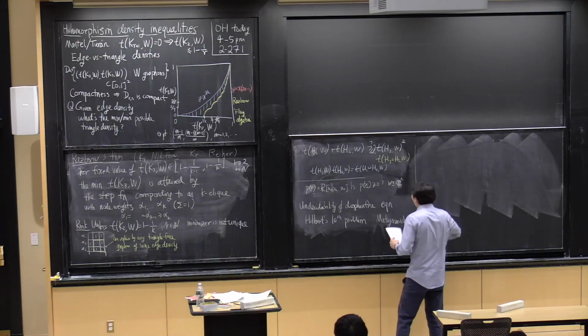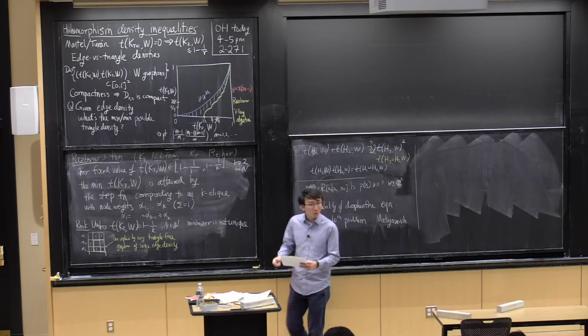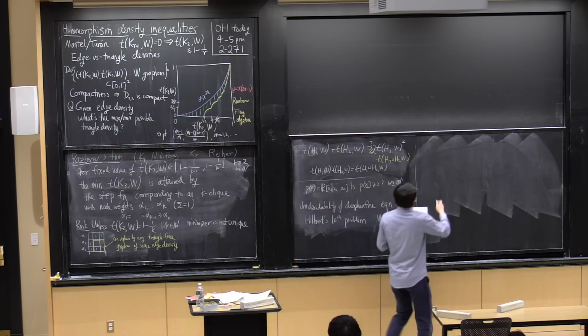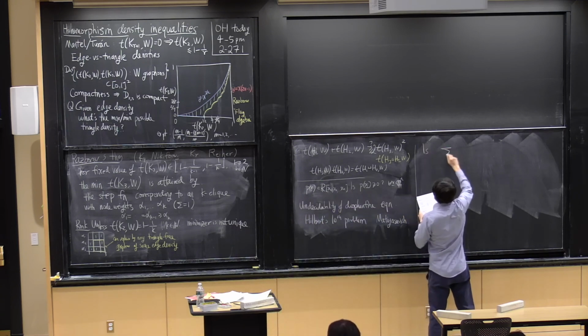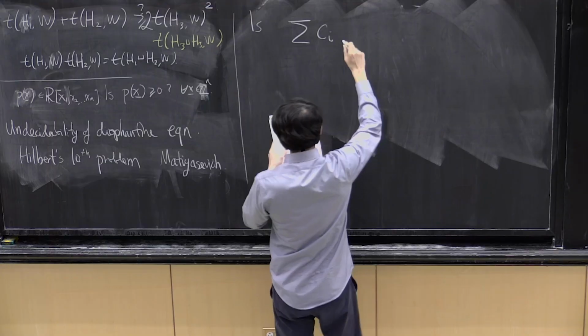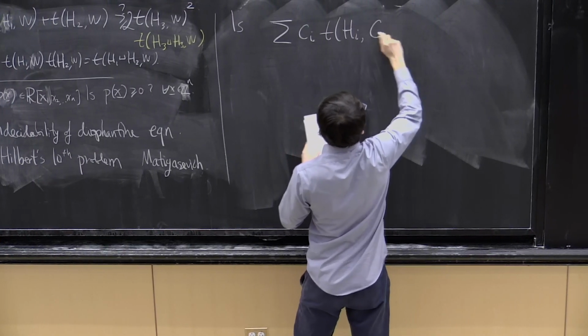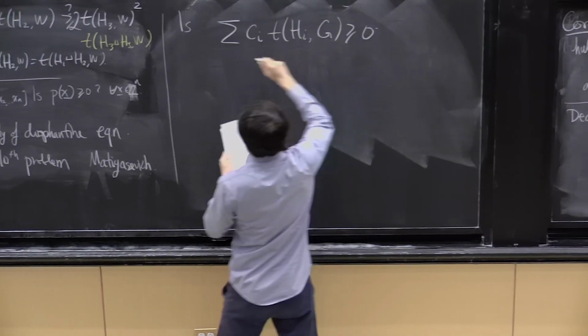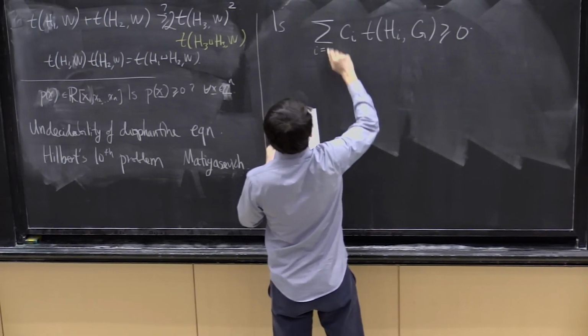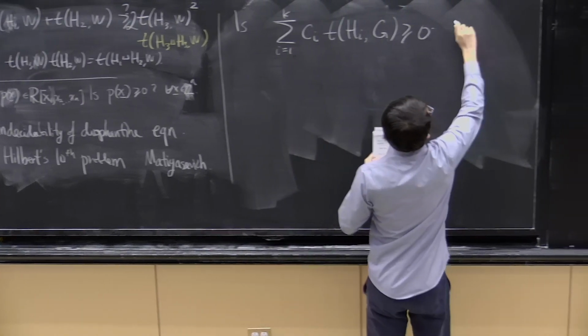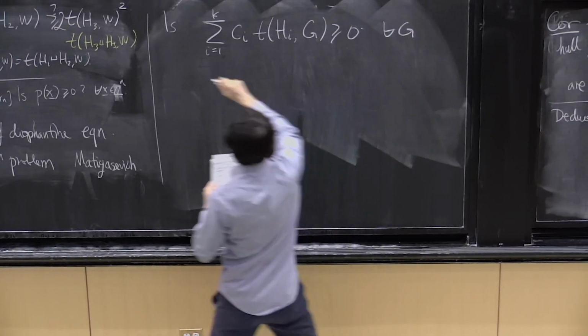All right. So what about graph theoretic inequalities? Is a graph homomorphism inequality decidable?